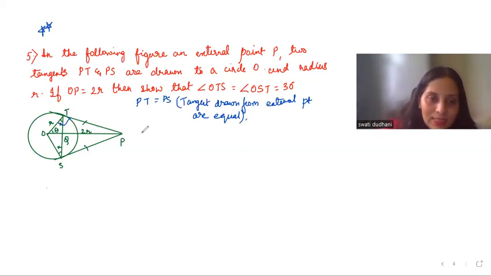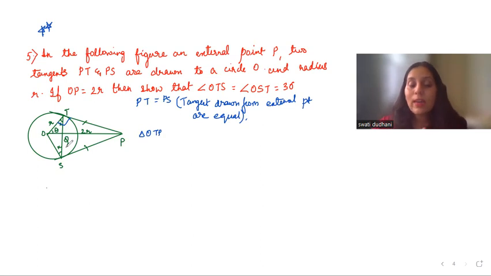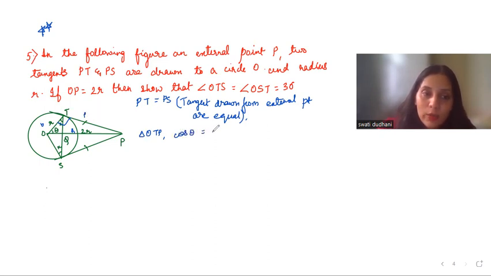Now let us consider triangle OTP. Here it's a right angle triangle. So since it's a right angle triangle, I can apply the trigonometric ratios, T ratios. So this is my hypotenuse and this is my angle already given. This is my base and this is perpendicular. So here I can apply cos theta is equal to B by H. So B is R and H is 2R.